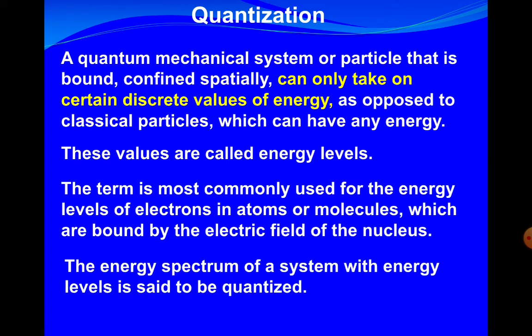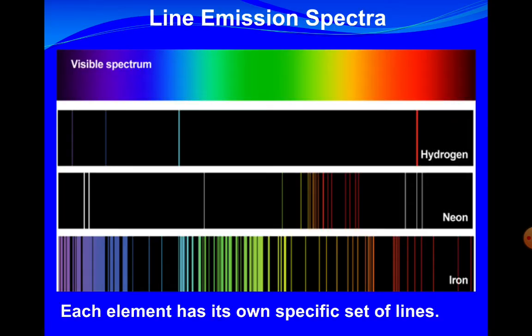So the energy spectrum of a system with energy levels is said to be quantized. Packages of energy. Okay. Now let's look at these models. If we look at the complete spectrum of white light, that is the visible spectrum. Then we look at hydrogen.